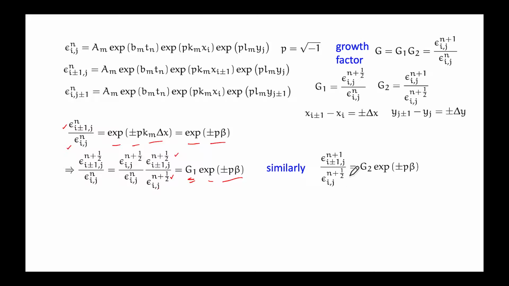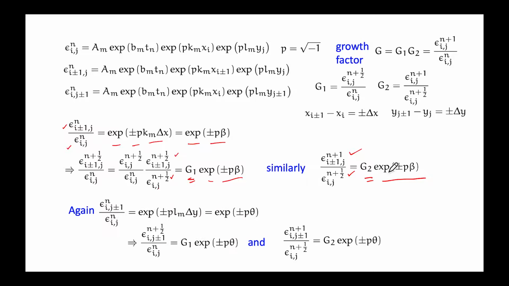Similarly, as I go from n plus half to n plus 1, it will give me G2 exponential plus minus i beta. In the same manner, when I go from j to j plus minus 1, if both are at time step n, it gives us exponential plus minus i theta.